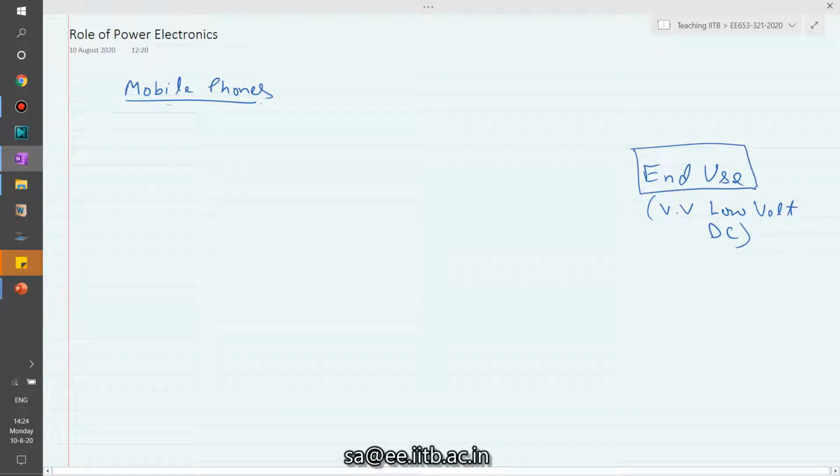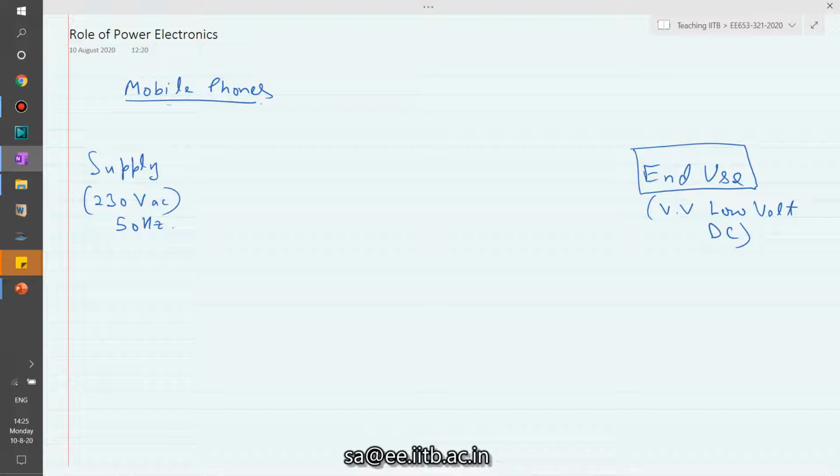On the other hand, the supply that is available to us, which is the switch and socket supply on our power board, is AC. Your supply is 230 volt AC. It could be something else depending on where you are. Now from this supply, how do we actually get voltage to the end use?